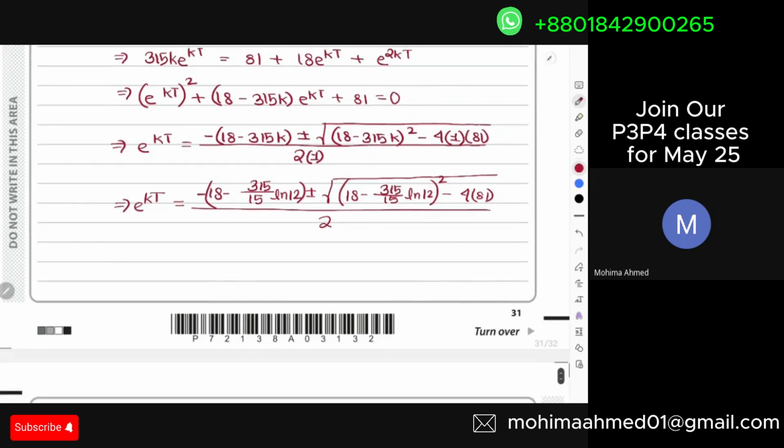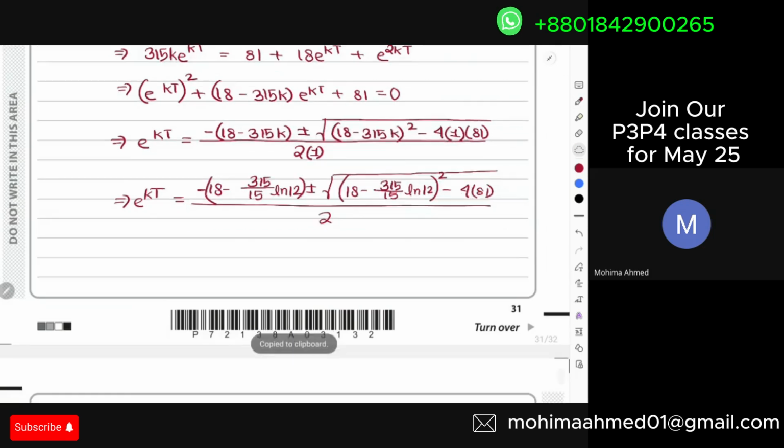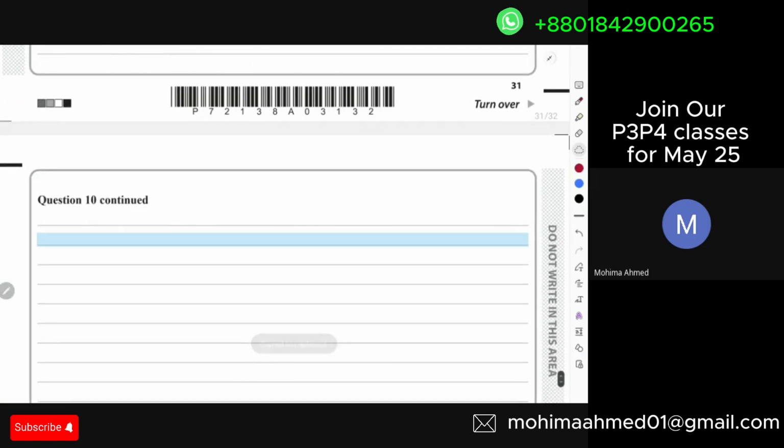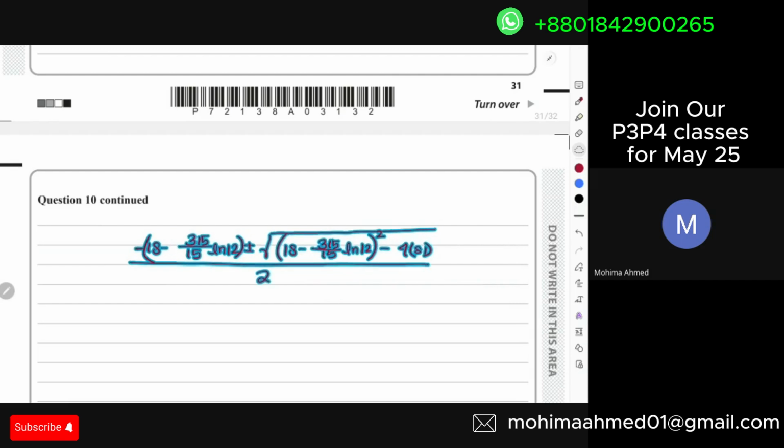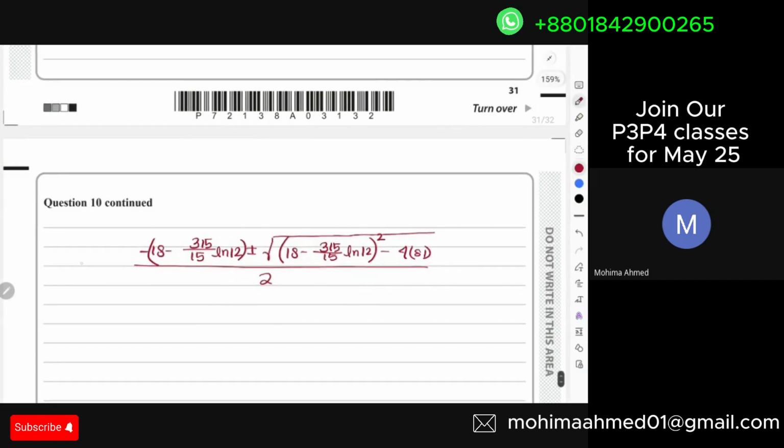So if I simplify this expression, 18 minus 315 by 15 multiplied with ln 12, that actually gives you a decimal value. So you cannot actually calculate this in this pattern. I mean, you have to calculate this all together in one fraction. So what I'll do over here is that I will write this fraction, and this was equals to exponential kt, right?